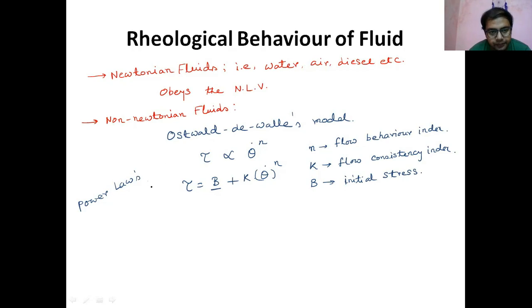So in most fluids, the B value is taken as zero. If an infinitesimally small shear stress is given, the fluid starts to flow. So in most cases B is equal to zero, and the power law equation reduces in this way.